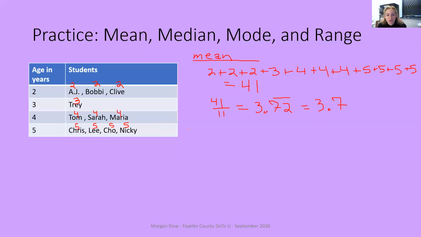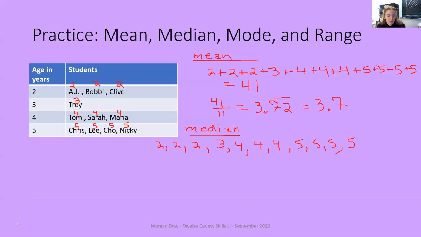Okay, now let's do the median. So we're going to write out all of our numbers in order from least to greatest, which we already kind of did with the addition there. We've got 2, 2, 2, 3, 4, 4, 4, 5, 5, 5, 5.